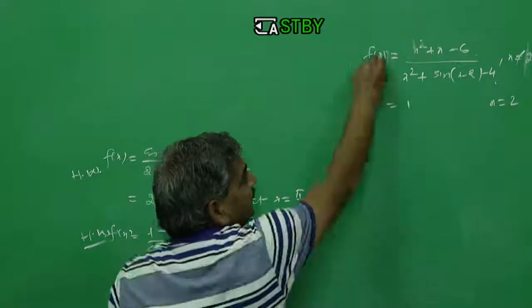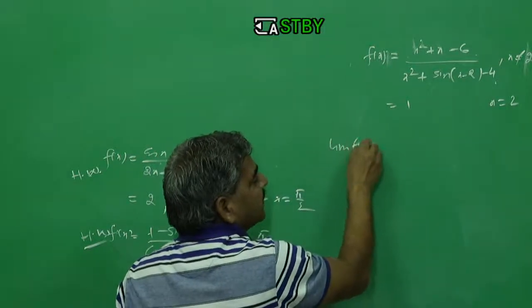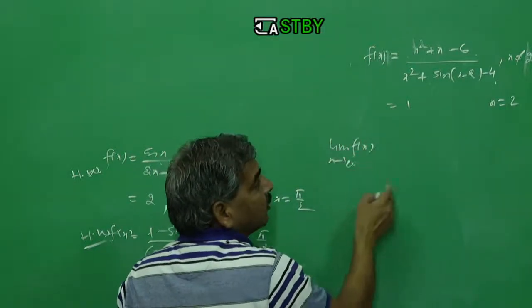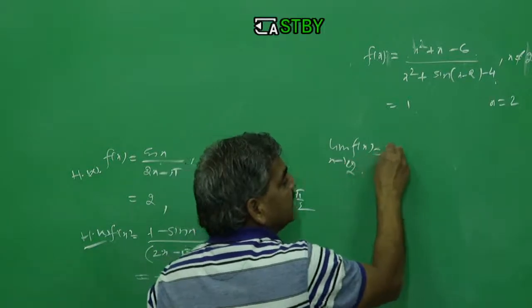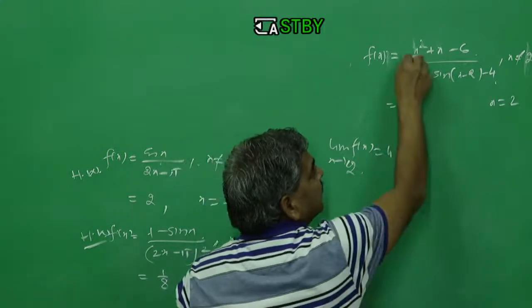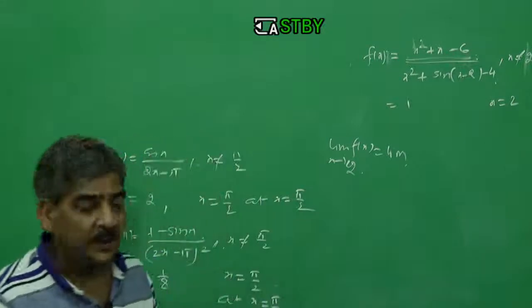So limit of f of x as x tends to 2 is equal to limit of, differentiate numerator separately.